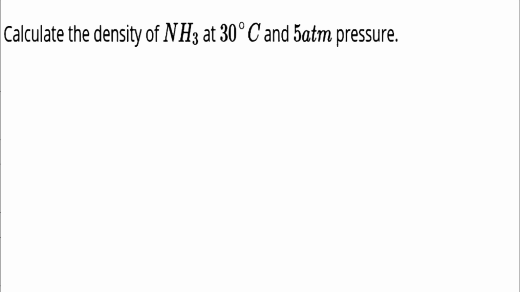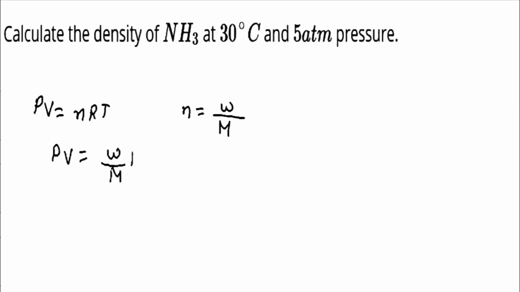Now applying the ideal gas equation, PV equals nRT, where number of moles is given mass divided by molecular mass. Putting this n value in the equation, we have PV equals W by M into RT.